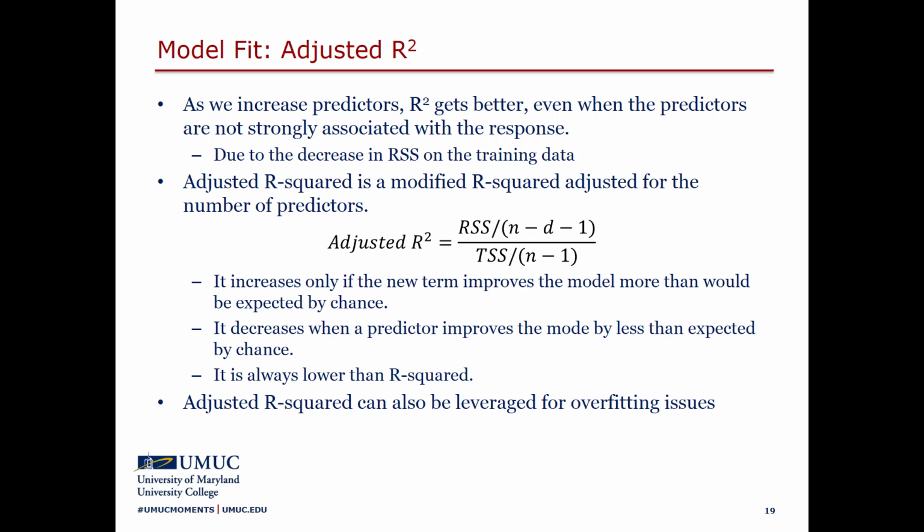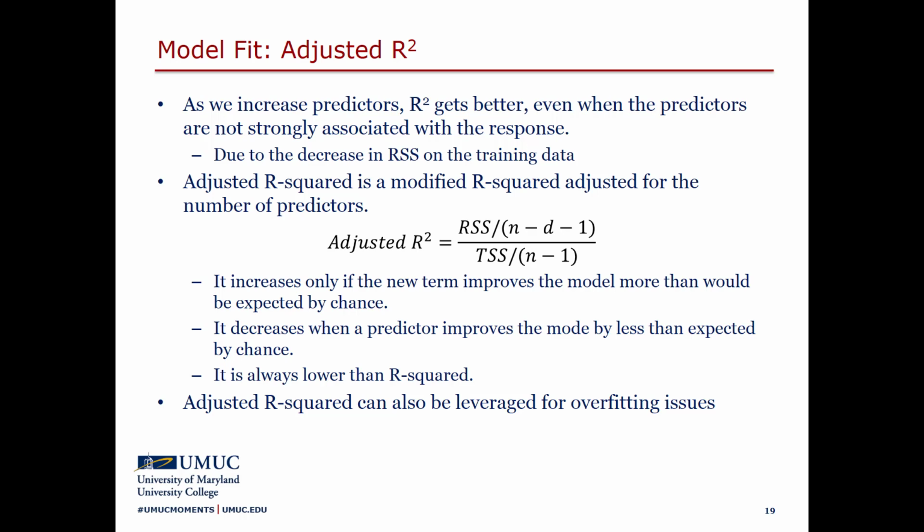Just by the function of the formula, R squared gets better when we increase the number of predictors. So it may not be a true measure in the multiple linear regression setting.